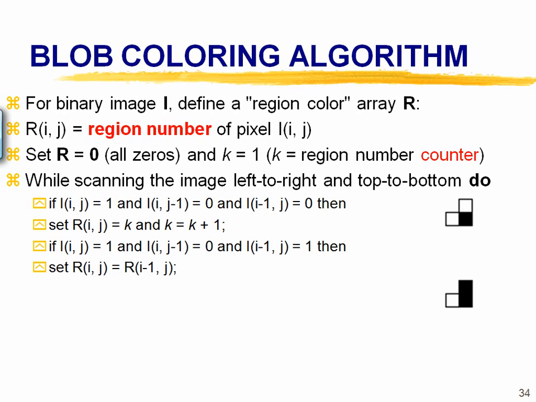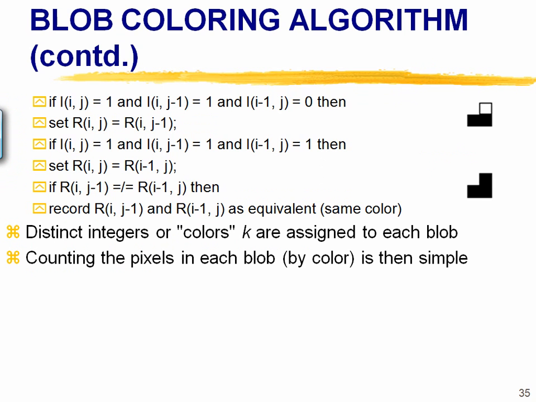For now, imagine that we are discounting the boundary pixels in an image. All right, what's the other condition? We have to check for that kind of condition to happen.